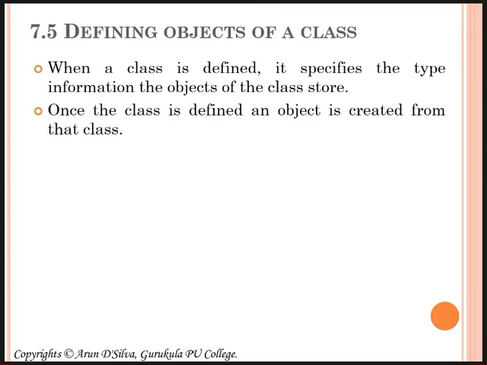The objects of a class are declared in the same manner as any other variable declaration that you have seen in C++ programs. So let me give you the basic syntax of how we can define the class.